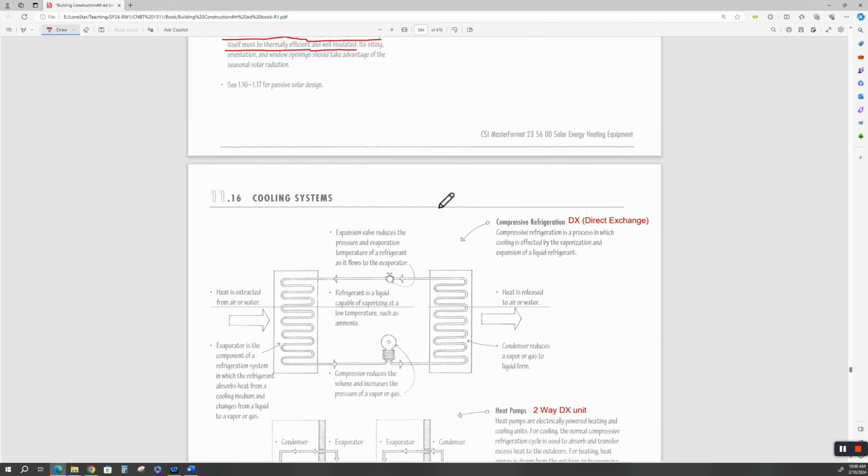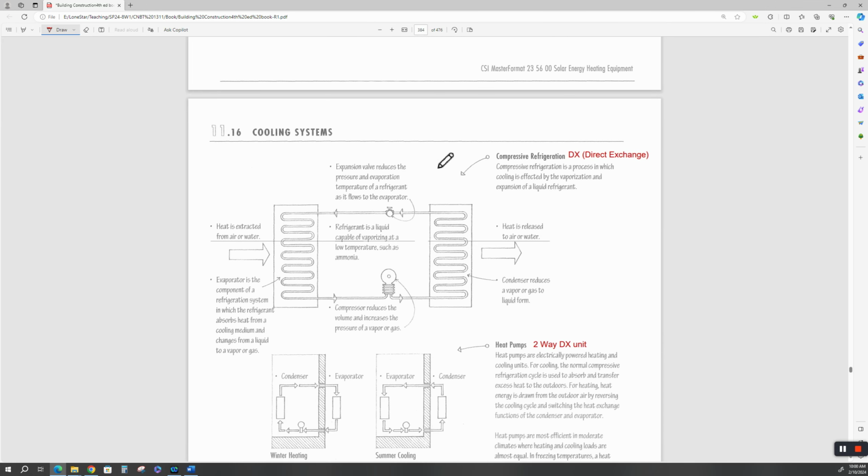Now we get into cooling systems and heating systems, but this is mostly cooling systems, except for a heat pump, and we'll talk about that. Compressive refrigeration is commonly referred to as a DX, or direct exchange. You probably heard the term Freon. Most of ours are all air down here, not water, especially for residential.